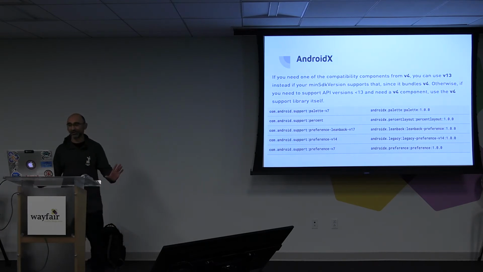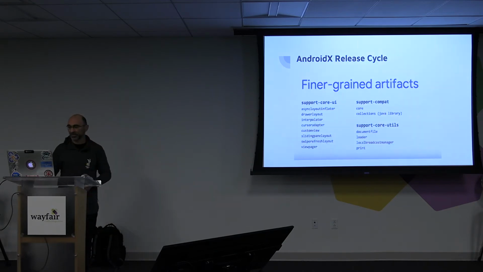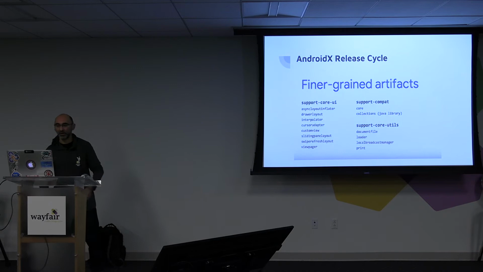They said, okay, let's start all over with our naming systems, and they moved the libraries to the Android X naming system, and now you have these nice numbers that you can follow with 1.0, 1.2, 2.0, and the numbers are starting to make sense. Not only do the numbers make sense, but it's also fine-grained artifacts. So they took the support libraries and they butchered them into a whole bunch of different artifacts.